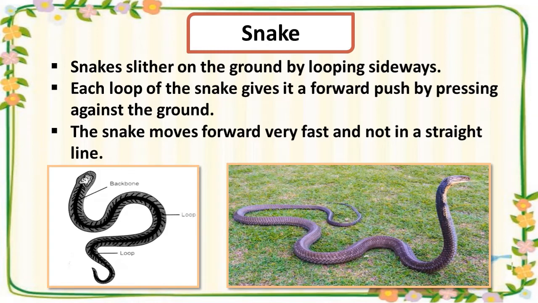Each loop of the snake gives it a forward push by pressing against the ground. Since its long body makes many loops and each loop gives it this push, the snake moves forward very fast.